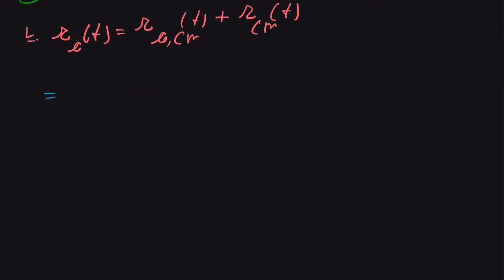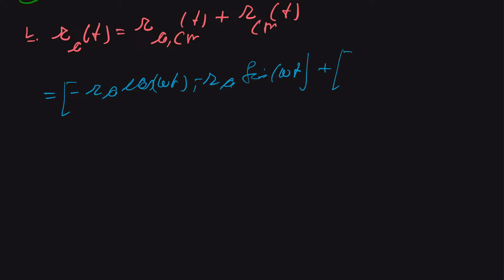So we simply add them, we get minus Ra cos of omega t, minus Ra sine of omega t, plus 0 comma mb v naught upon m times t.